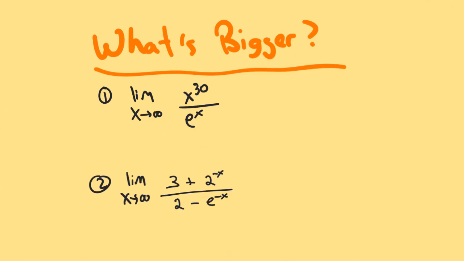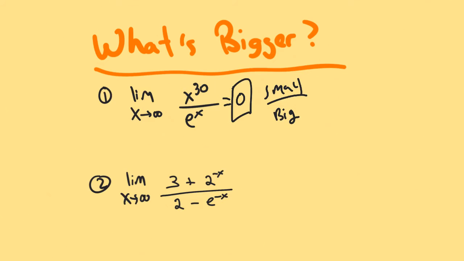In this case, anytime you have an exponential, it's going to be bigger than a power. Exponential is bigger than a power function. So x to the 30th eventually will be much, much smaller than e to the x. So this is really like small over big, which means my answer is 0.